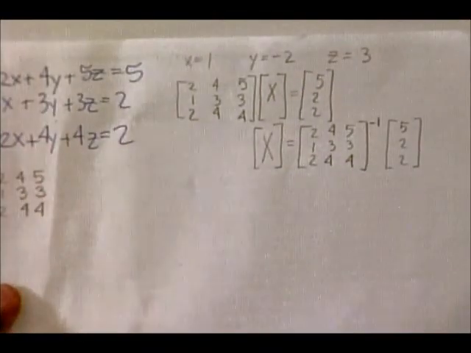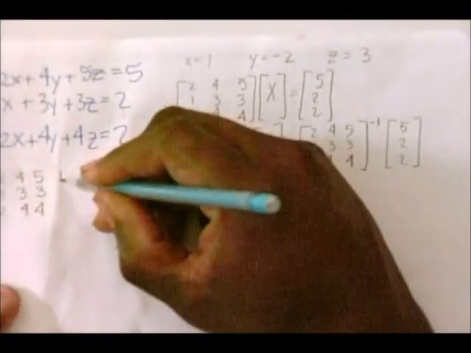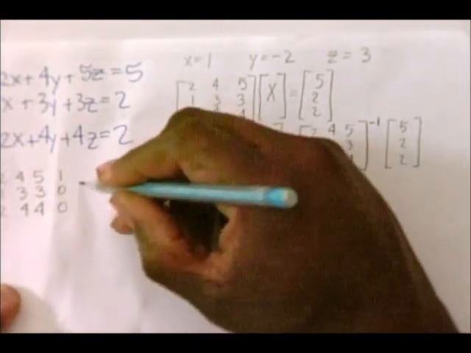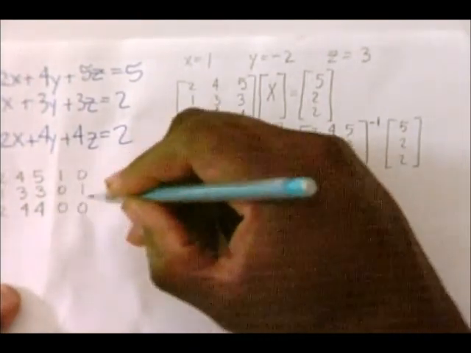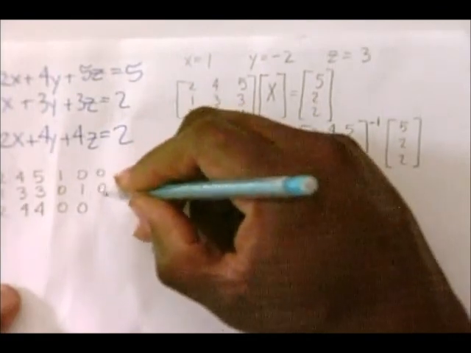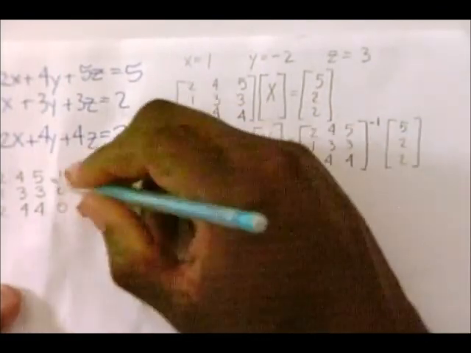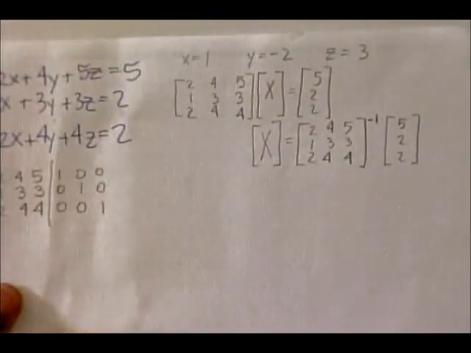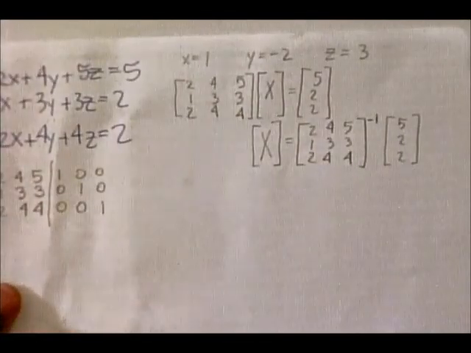And we're going to start with an identity matrix of 1, 0, 0, 0, 1, 0, 0, 0, 1. That's the identity matrix there.